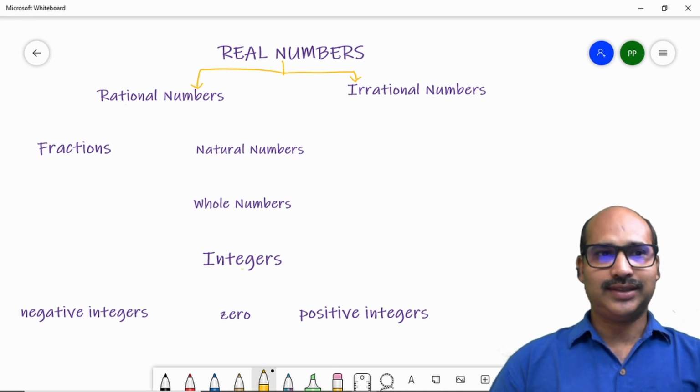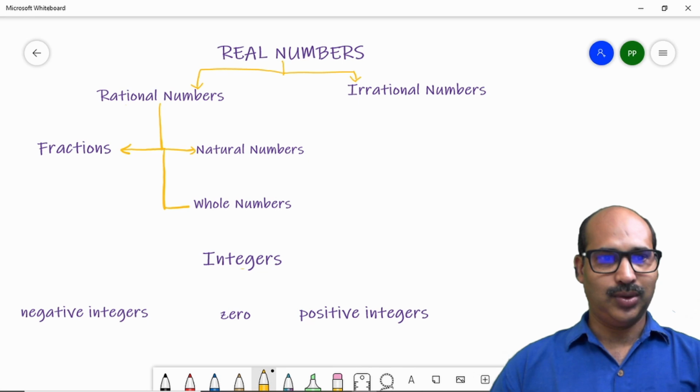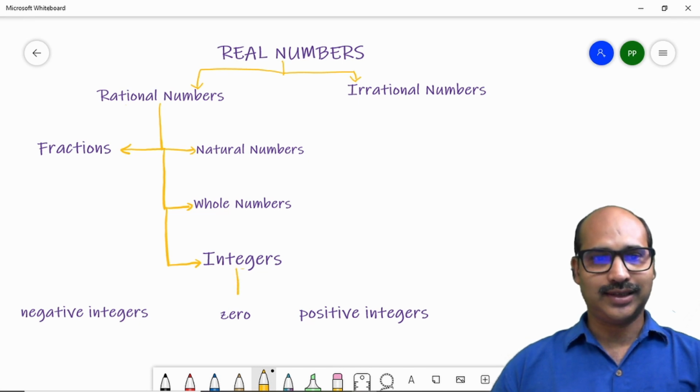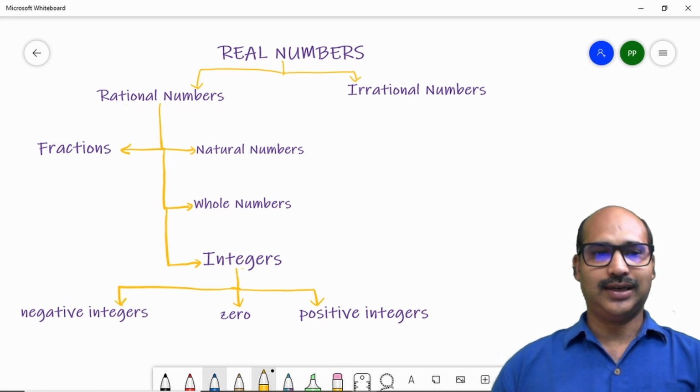Again, these rational numbers are categorized as fractions, natural numbers, whole numbers, and integers. Again, these integers are categorized as 0, positive integers, and negative integers.